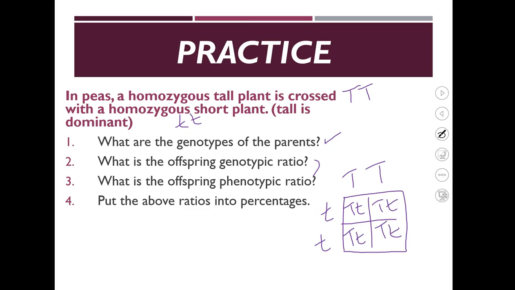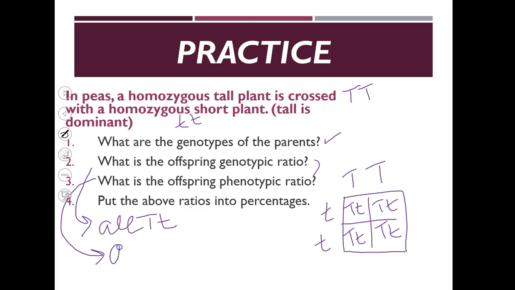For number 2, the genotypic ratio is going to be all big T, little t. And for the phenotypic ratio, we know that if there's at least one capital letter, that plant is tall. So for number 3, all tall. If we do it in percentages, simple enough, 100%.